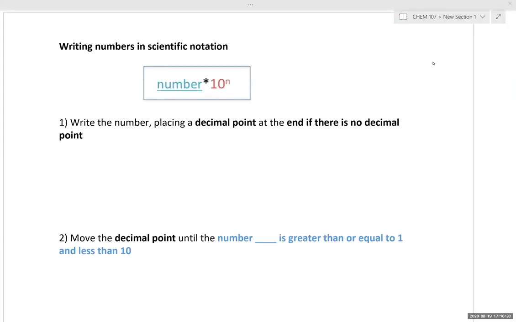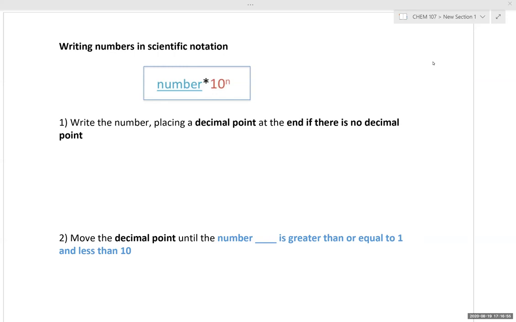We last left off on handling exponents and powers of 10. Now, why did we go over handling exponents and powers of 10? Well, scientific notation, which is our way of expressing large and very, very small numbers, is fundamentally based on powers of 10.